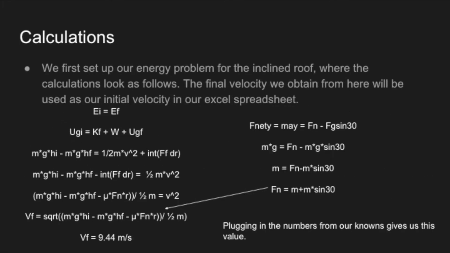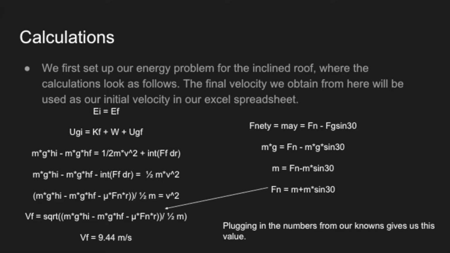In order to calculate the final velocity at the moment before impact, we must first find the initial velocity of the free fall. This means we need to look at the inclined roof and set up an energy problem. First, we know the initial energy is equal to the final energy. We know that there is gravitational potential energy at the beginning, and we assume no initial velocity.